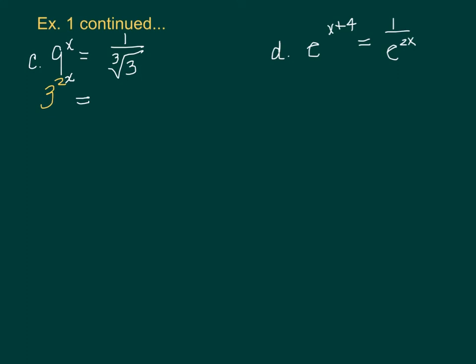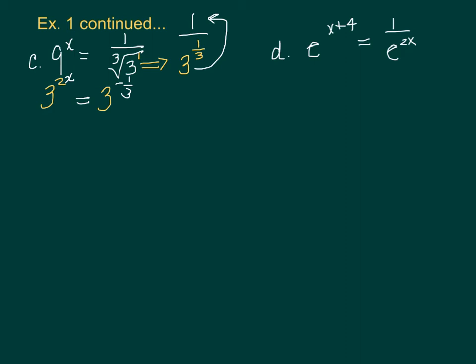Now, on the right side, remember this is 3 to the 1/3. There's a 1 there. That's understood. But since it's on the bottom, if I want to rewrite it so it's not a fraction anymore, it's going to be 3 to the negative 1/3.